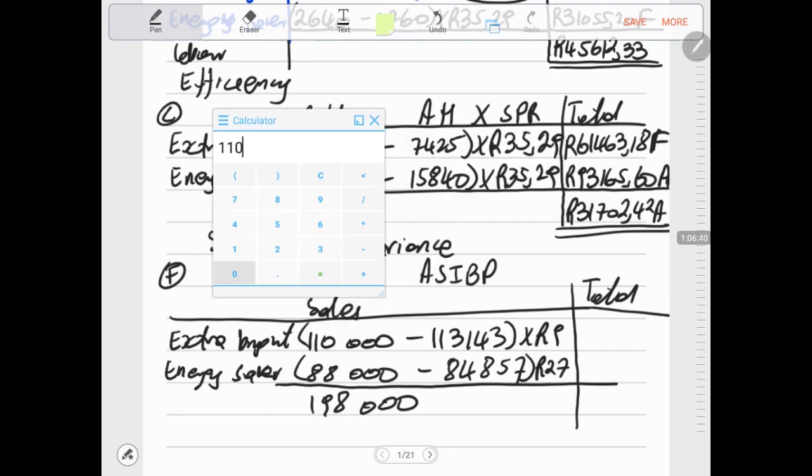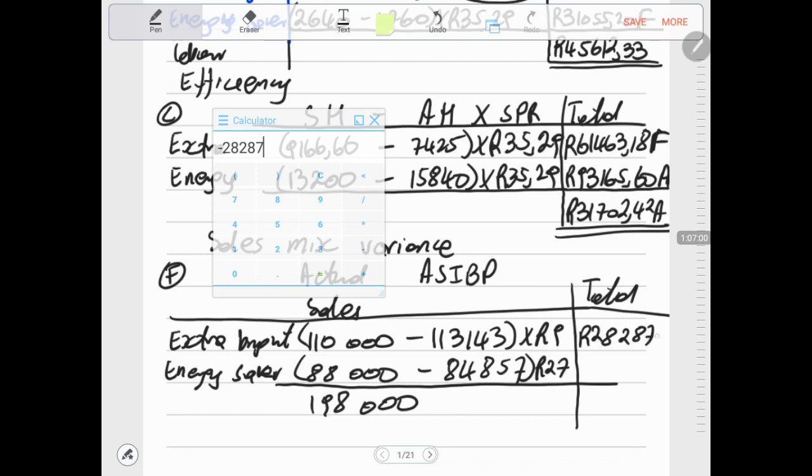So now we have 110,000 minus 113,143. Multiply that by 9. We get 28,287. Then we come to the next one, which is 88,000 minus 84,857.